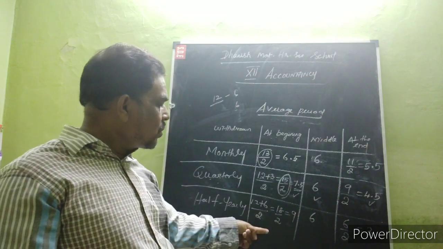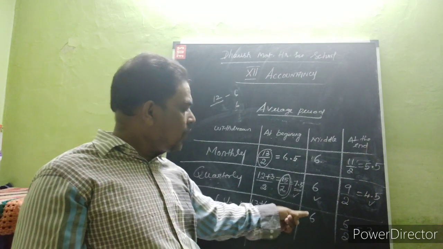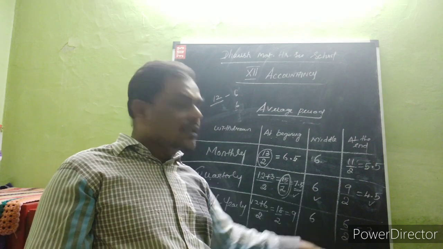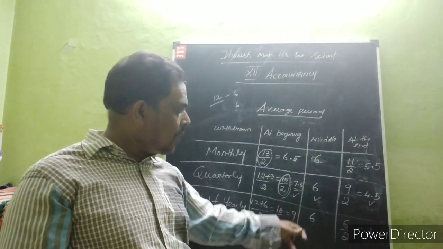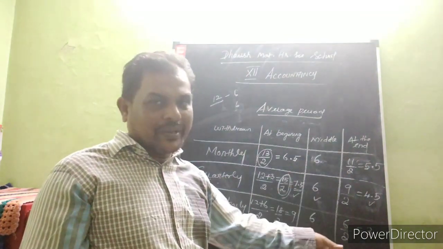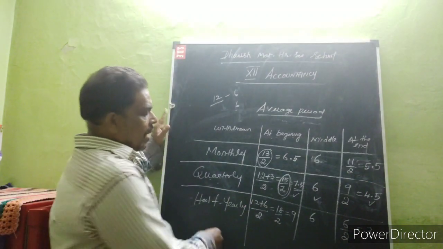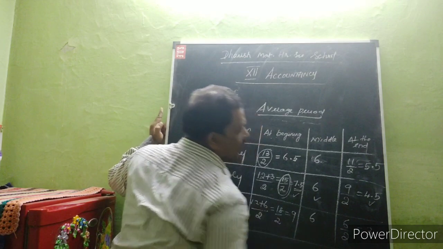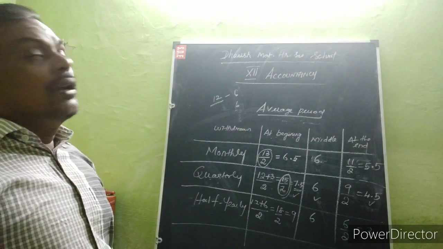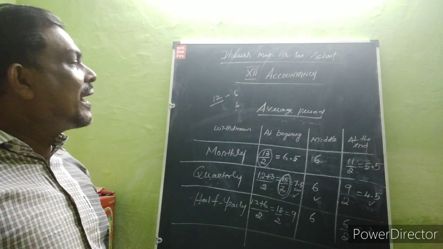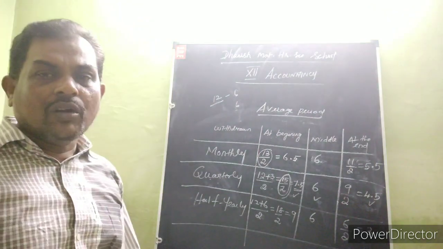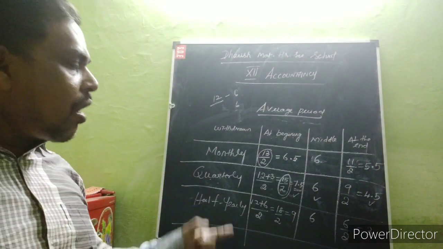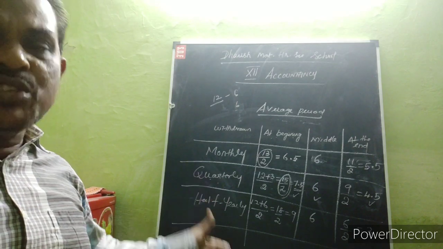Half yearly: 18 by 2, 12 by 2, 6 by 2. 6 months you reduce, 12 by 2. 6 months you reduce, 6 by 2. So this is the format of calculating interest on drawings under the average period method. Very important. Please note it down. Now I'll teach you how to do the sums with the help of this format.